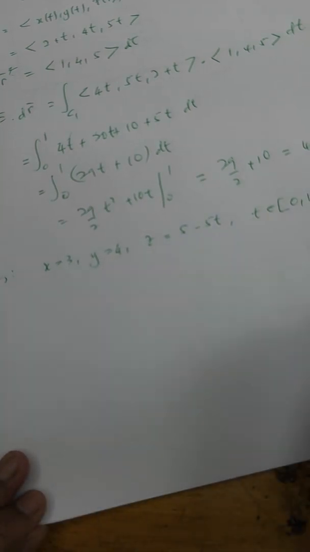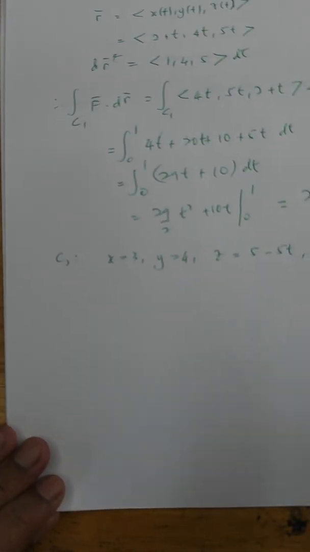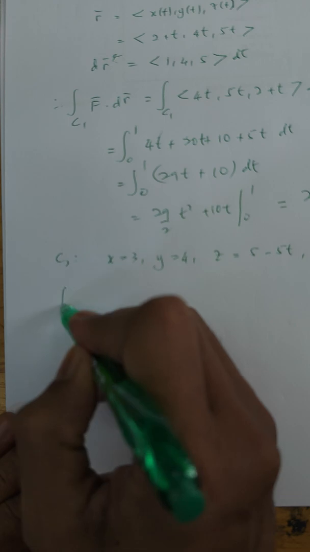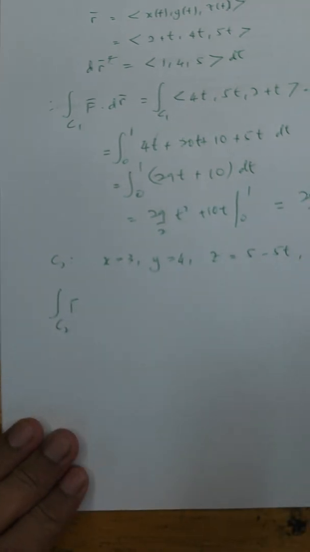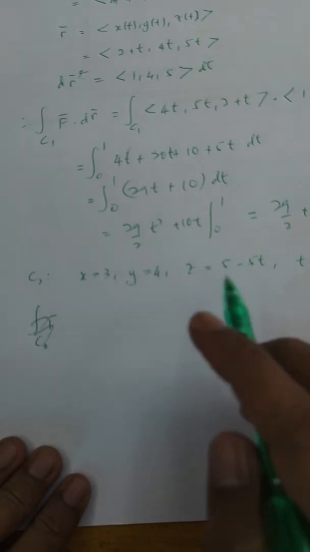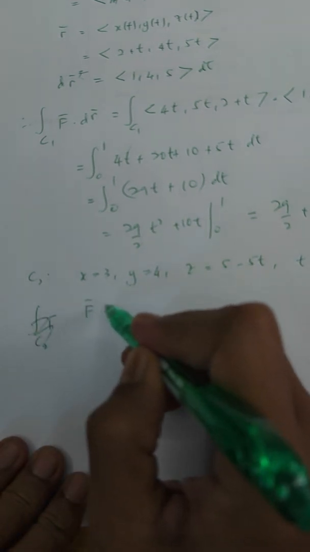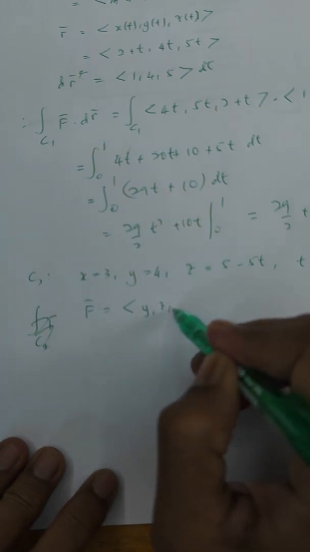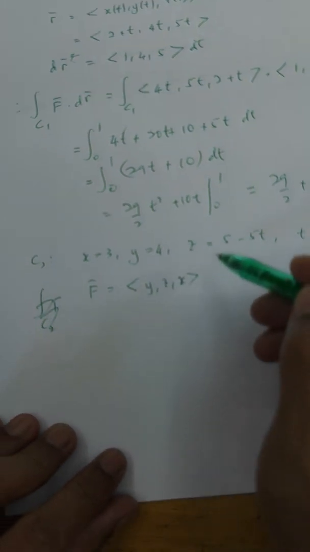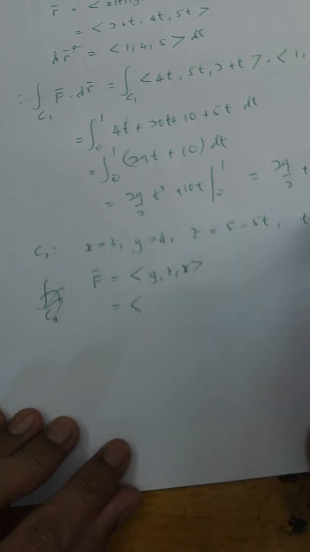Then we evaluate integrate over C2 f dot dr. So before that, let me write down what f is. Our f is y, z, x. Okay, those y, z, x, we substitute everything there.